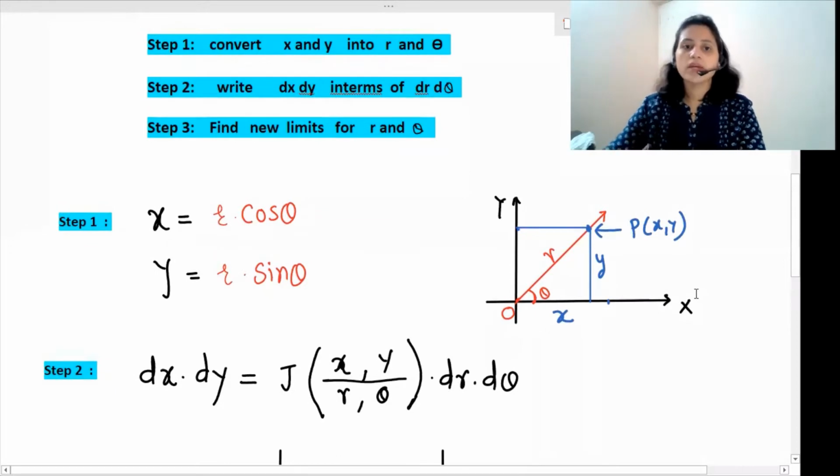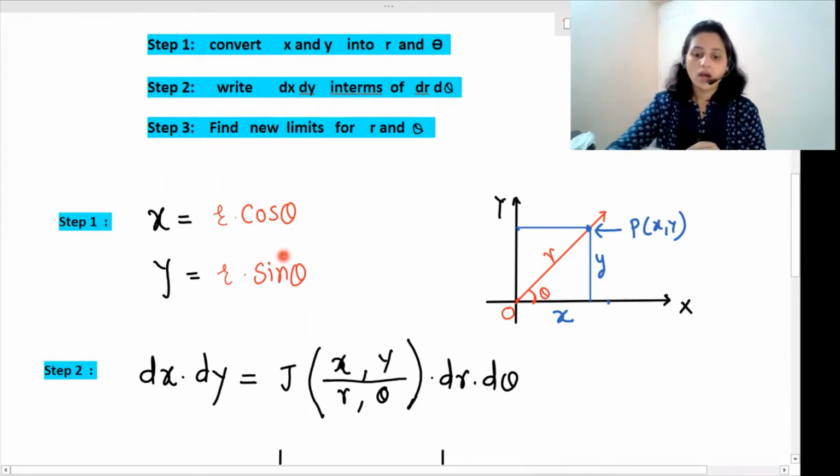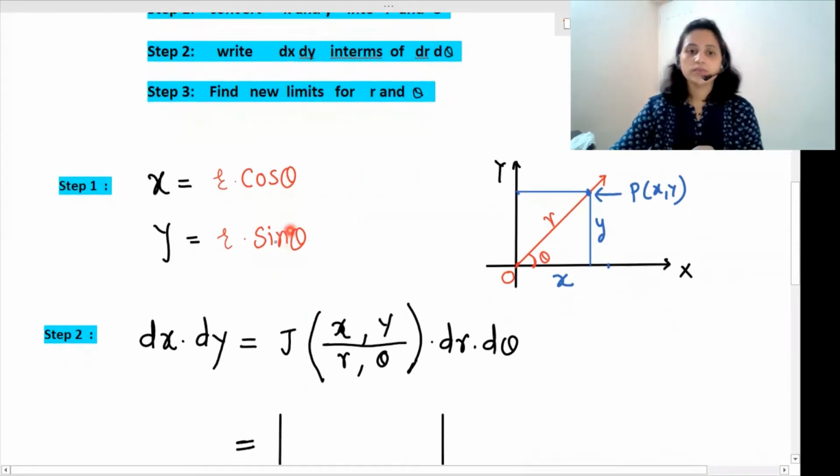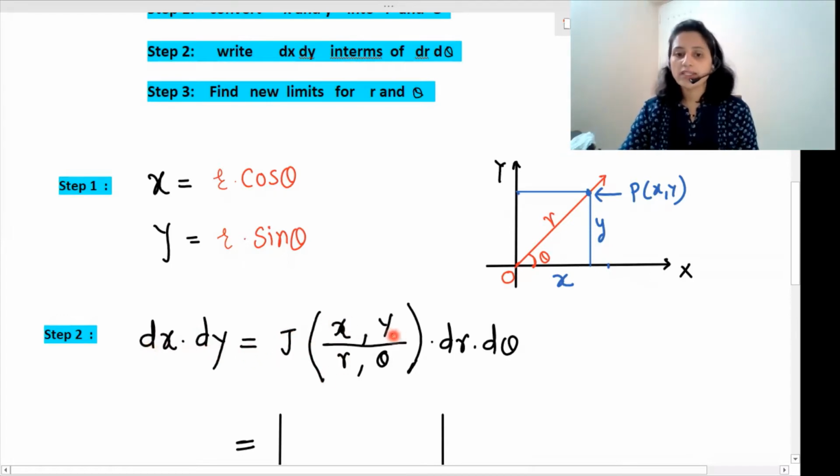Now we move towards the second step. So what is the second step? Second step is write dx dy in terms of dr d theta, right? So how to find out that term? Now this is dx dy, and by definition this dx dy is always equal to Jacobian of x comma y with respect to r theta, dr d theta.